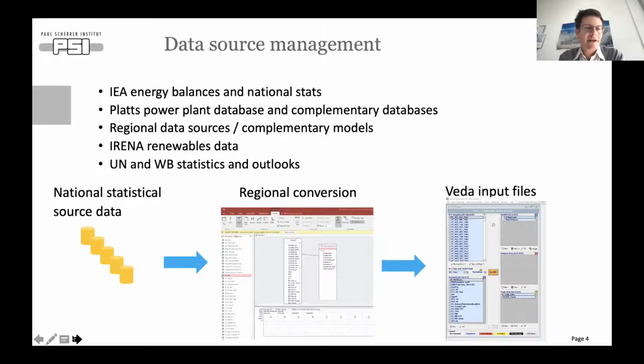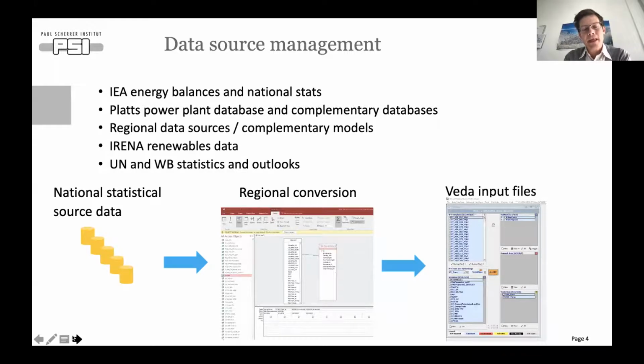Of course, the IEA energy balances as a default had to be taken into consideration, and also the national statistics. And there were plenty of other resources which we used to quantify the status quo and future development perspectives of the respective regions of our TIAM model back then.